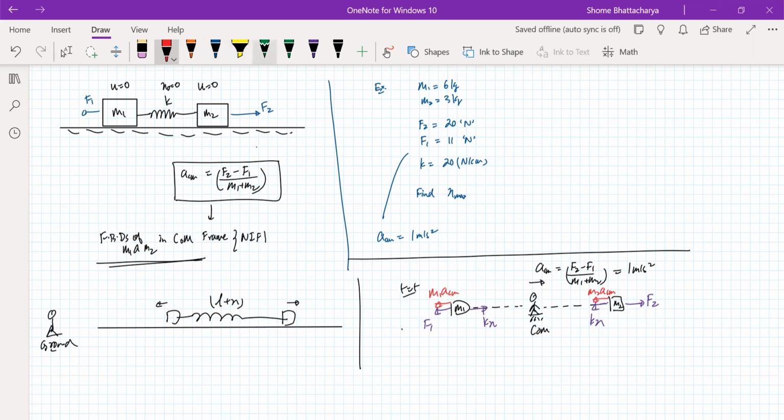And with respect to the center of mass, let's say they have accelerations A2 and A1, the accelerations of the blocks relative to the center of mass.